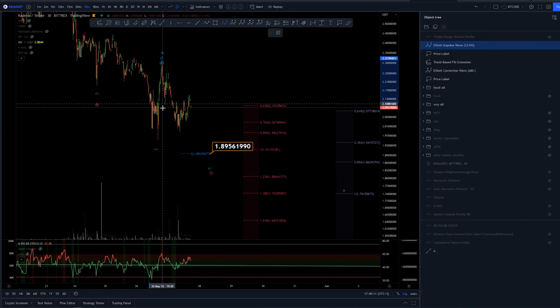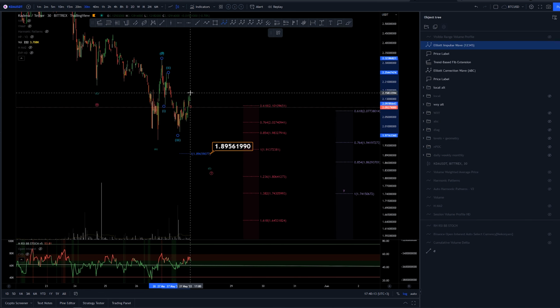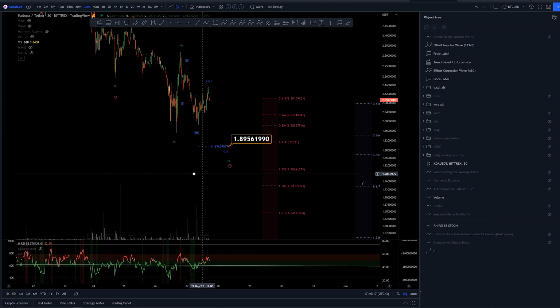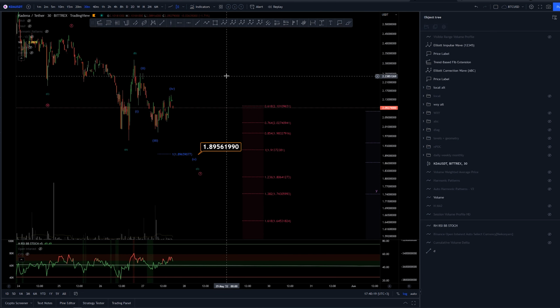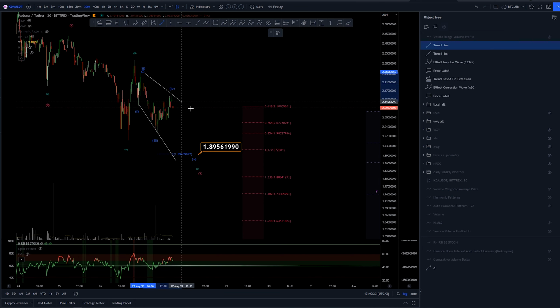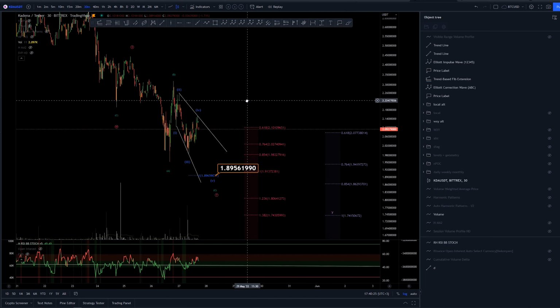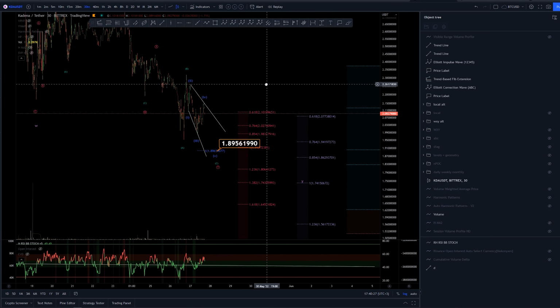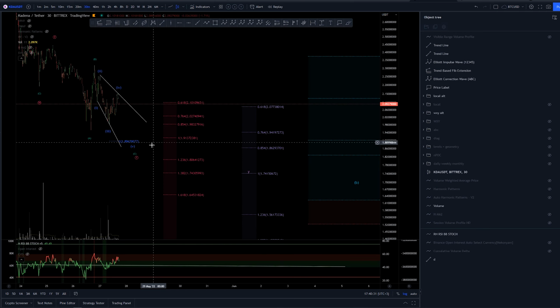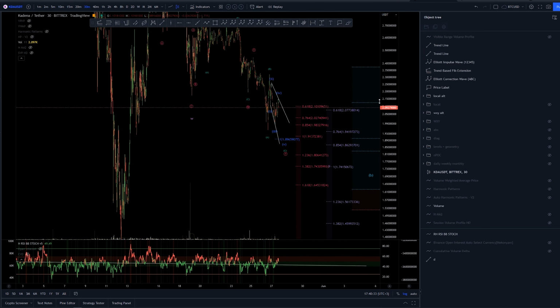I can label it again as well, so something like this. And this is the minimum target we need wave 5 to come to before having this expanding diagonal confirmed. Now let's see if that measures well with the other targets we have here.